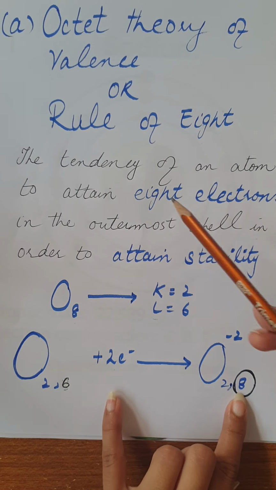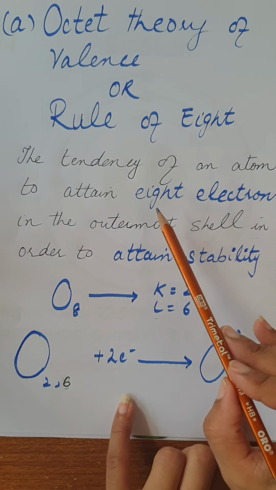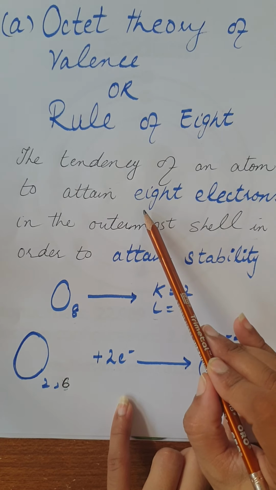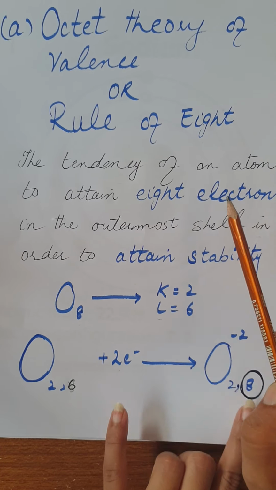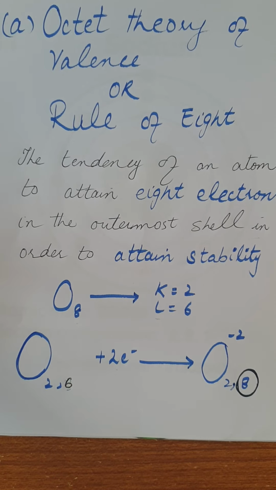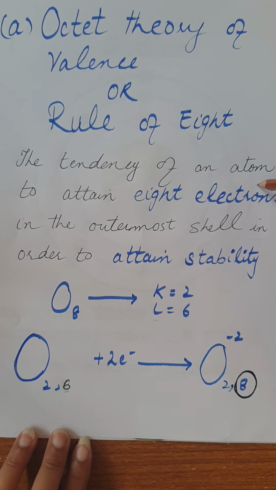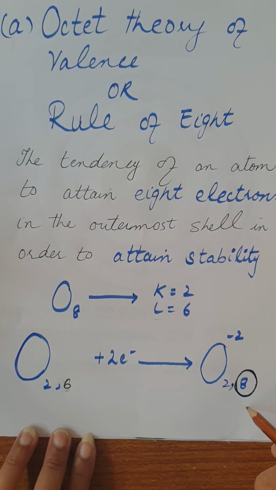Now 8 electrons is the keyword. You can see that in the definition we use 8 electrons. So you will notice that oxygen follows the octet rule because it gained stability with the help of 8 electrons in the outermost orbit.